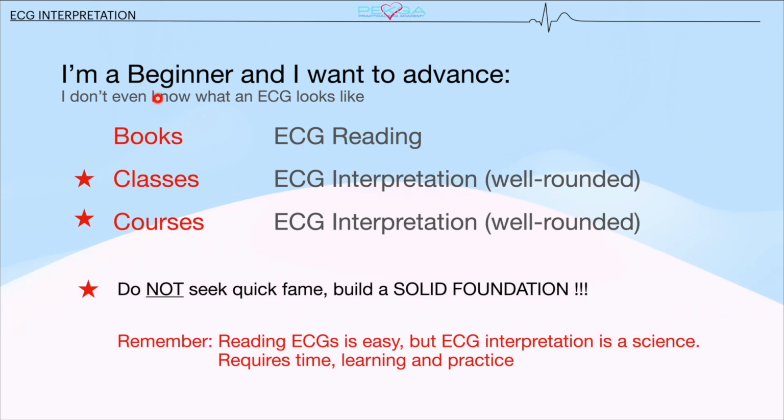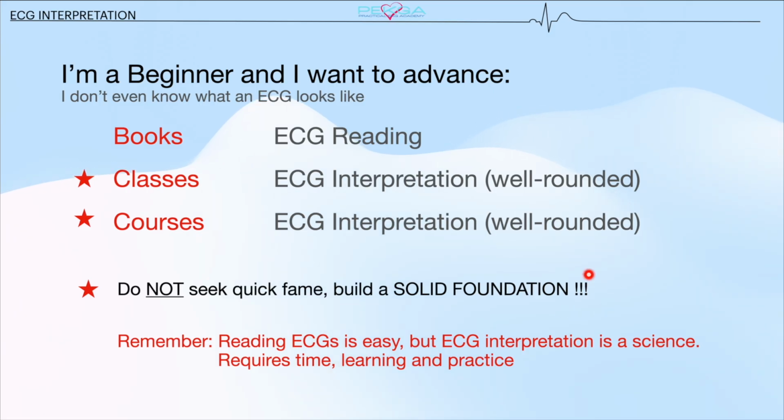You picked up a book, you don't know anything about ECGs. A month later, you're going to know something. Are you going to be a beginner? Maybe, maybe not. Classes are going to make you progress much, much quicker. Okay, you are going to be looking for a well-rounded course that offers a wide range of ECG phenomena. I repeat, do not seek quick fame.